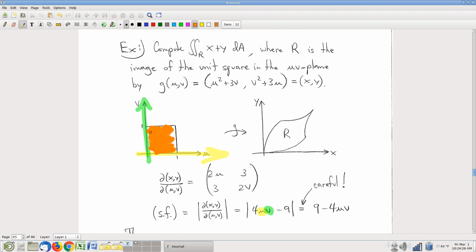And notice on that region, several things that I can say. U, look at the picture, is clearly always between 0 and 1. V, again, look at the picture, is clearly always between 0 and 1. So this expression here, on the region that I care about, namely on my new pullback domain, S, where I'm doing this new integral, on that region, this expression couldn't possibly be any bigger than negative 5.